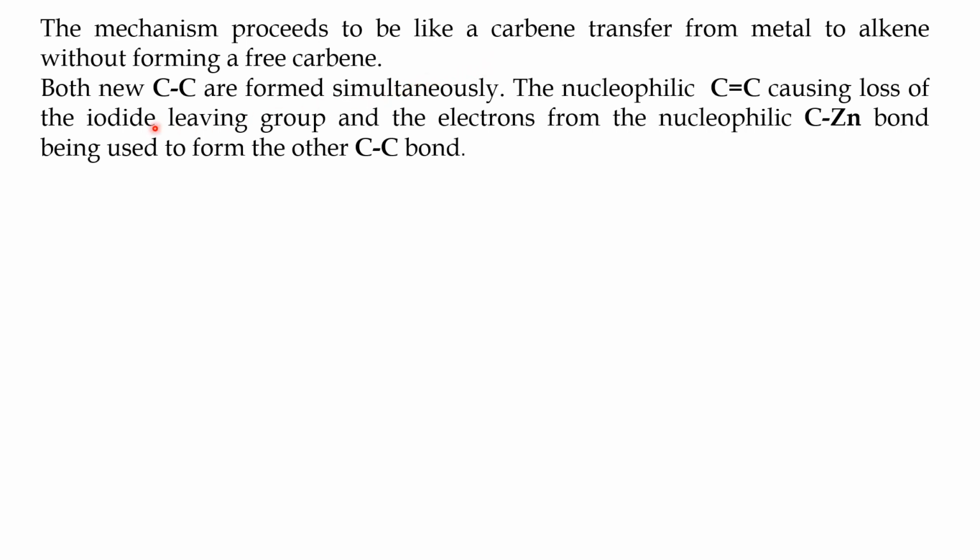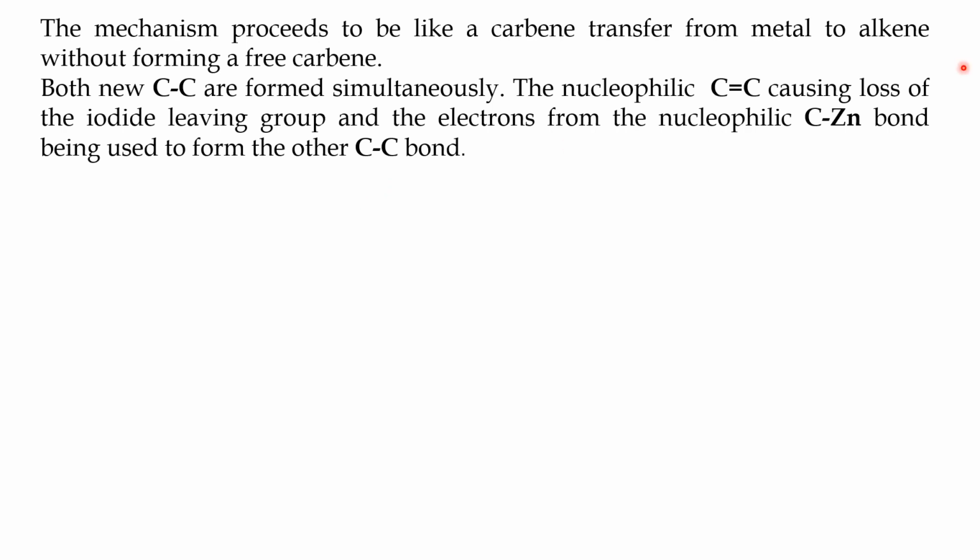That means two new C-C bonds form, and a cyclopropane derivative is forming. The CH2 has to connect between two carbon atoms. Both C-C bonds are formed simultaneously, with the nucleophilic C=C causing loss of the iodide leaving group, and the electrons from the nucleophilic carbon-zinc bond being used to form the other carbon-carbon bond.